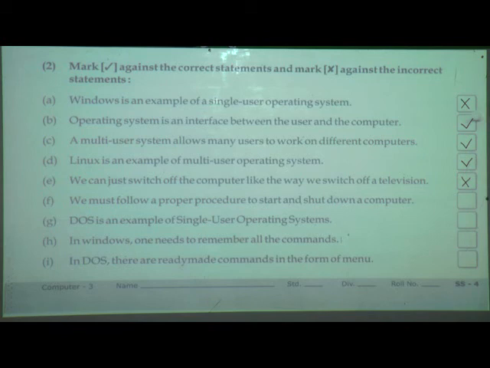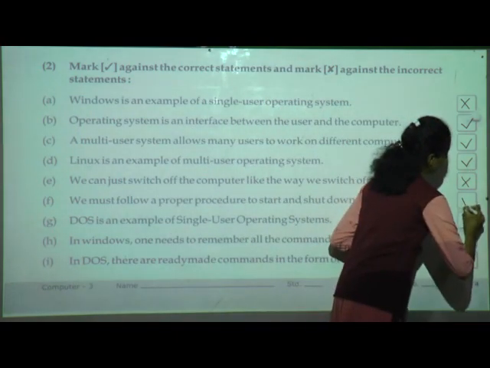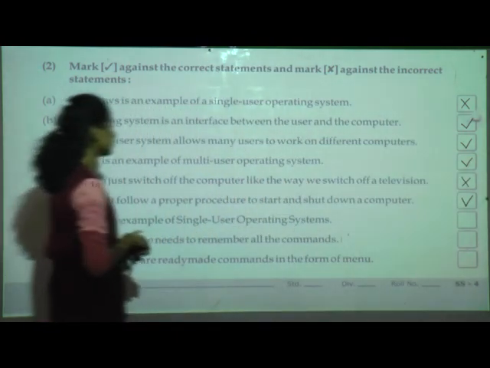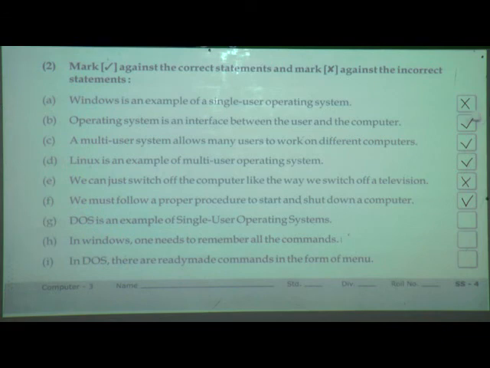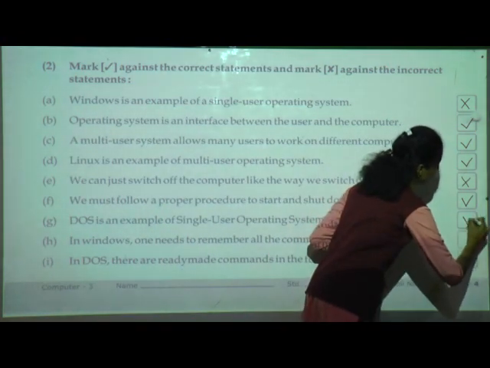We must have to follow the proper procedure of starting and shut down the computer. It is true or false? It is true. We must have to follow the proper procedure. DOS is an example of a single user operating system. True or false? It is true.